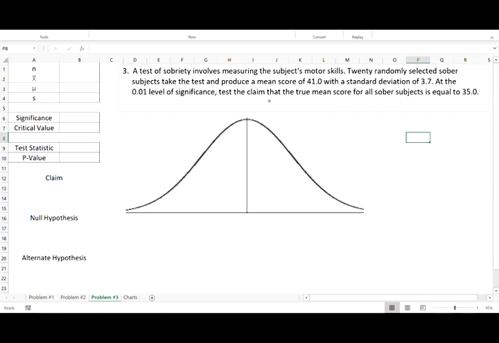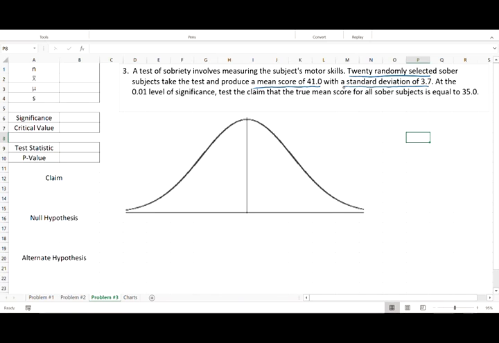So a test for sobriety involves measuring the subject's motor skills. 20 randomly selected sober subjects take the test. So 20 would be our sample size, n, and produce a mean score of 41. That's the sample mean, with a standard deviation of 3.7.